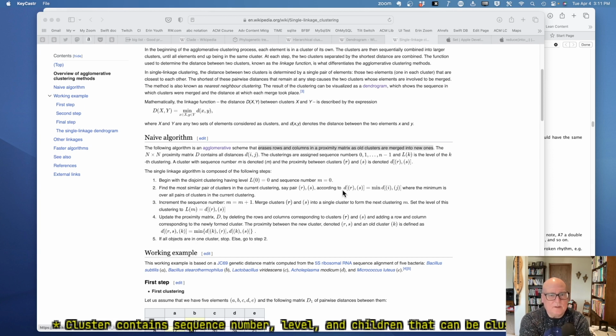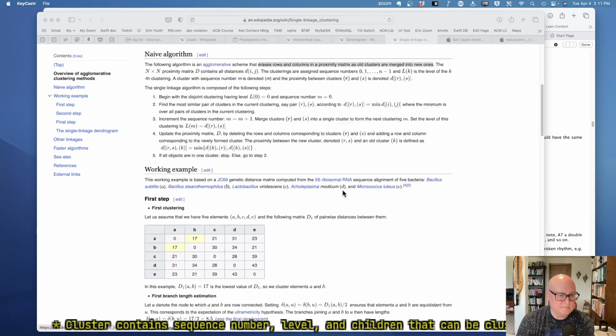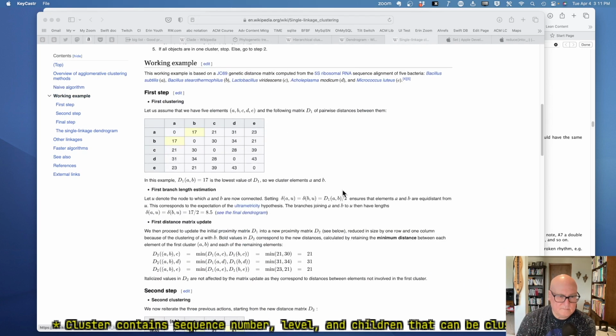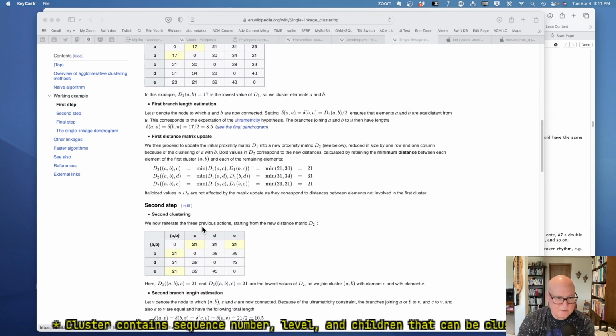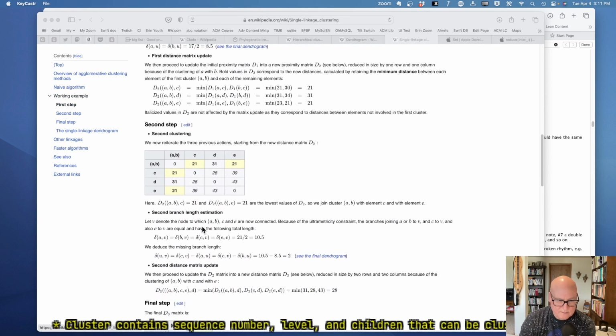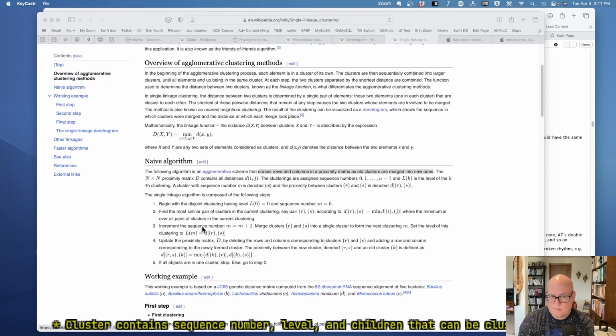But that's all according to that proximity matrix. I'm still a little puzzled what the sequence number does for you. Okay, but I'll let that go.